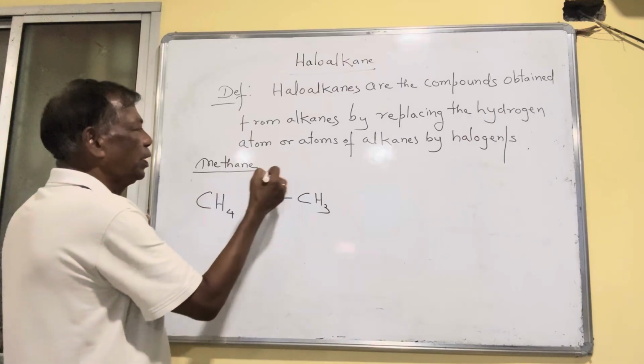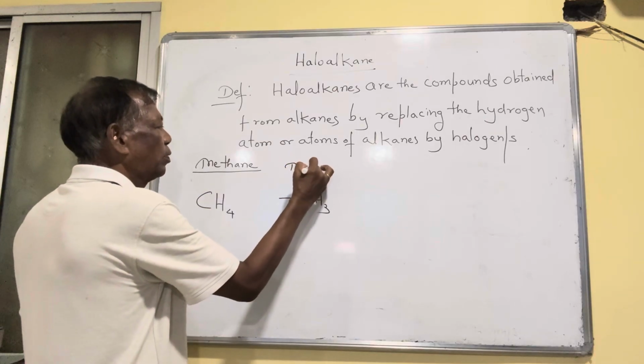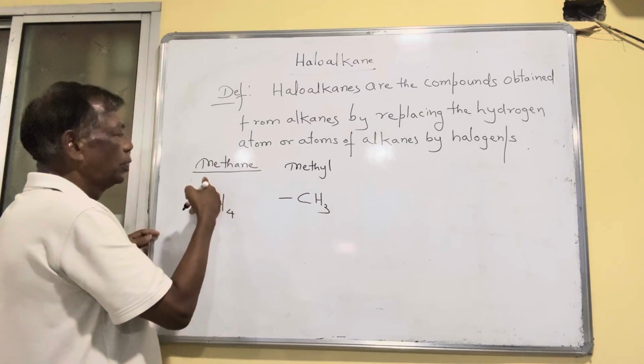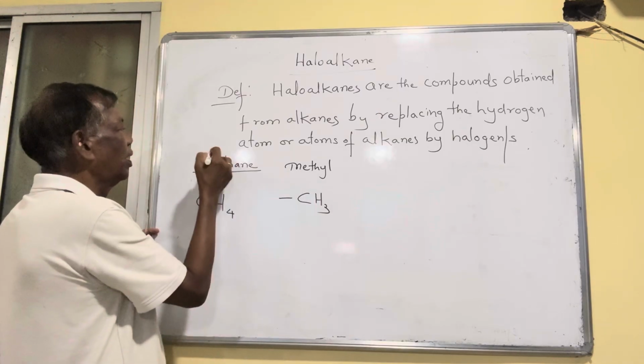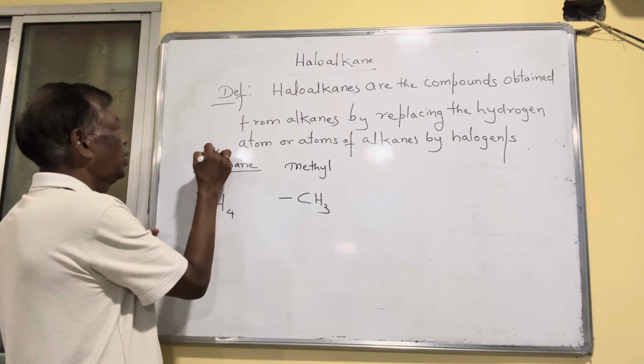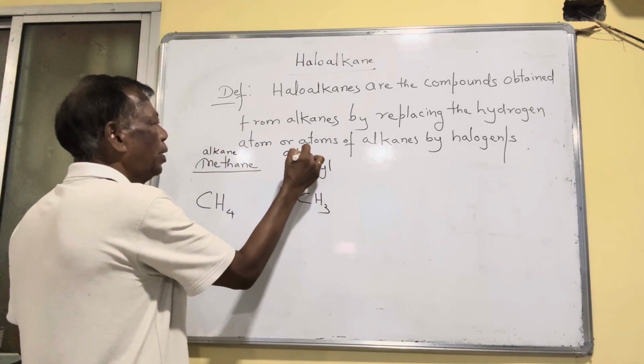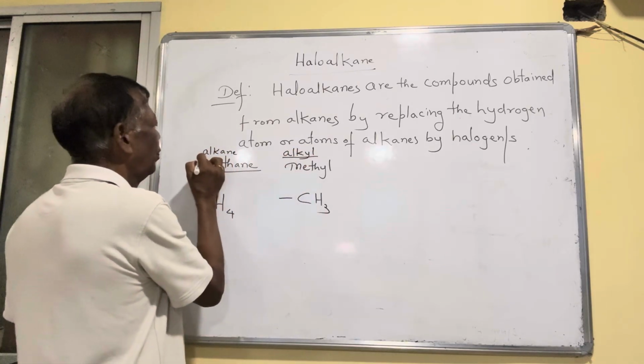When we remove the hydrogen, it is called methyl, according to the common name. So in general, alkane becomes alkyl. Suppose we have alkane, then we call it alkyl in general.